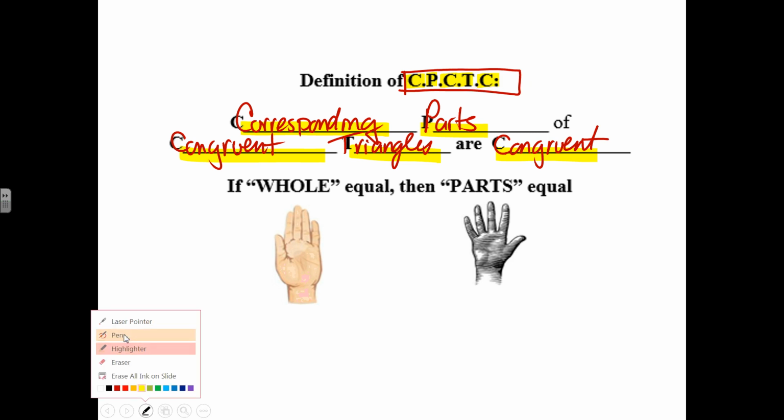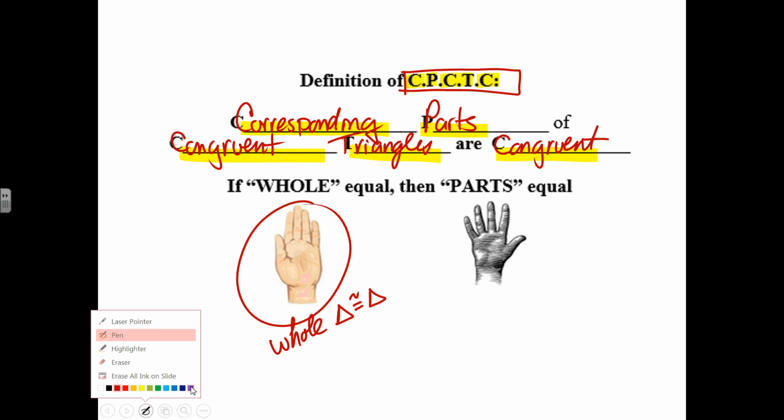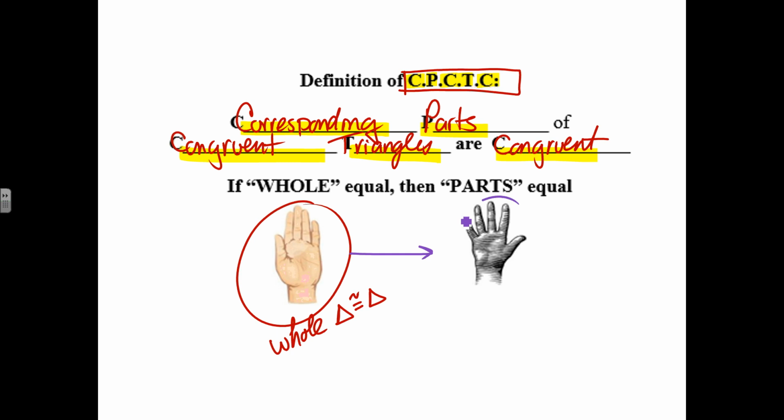The basic premise is if the whole is congruent, and by whole in the next problem I mean the whole triangles are congruent, if you can prove that the whole triangle is congruent, then the parts are congruent.